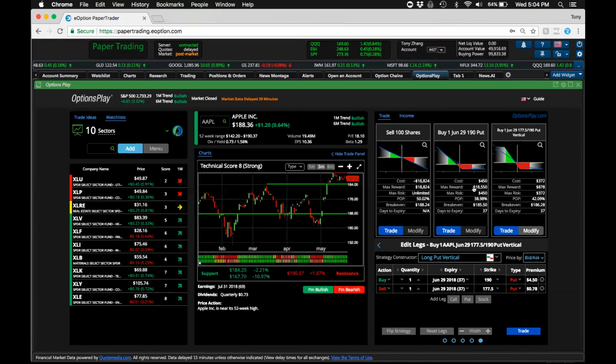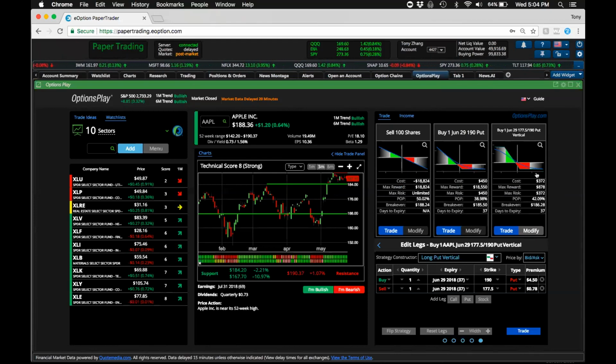And what that means is that, so here I have a risk of $4.50. Here I have a risk of $3.72. And my break even here is 185.50. So the stock needs to go down to 185.50 in order for this strategy to be profitable. On the put vertical, because it costs me less, the stock doesn't need to move as much in order for me to be profitable. It only has to move to 186.28.